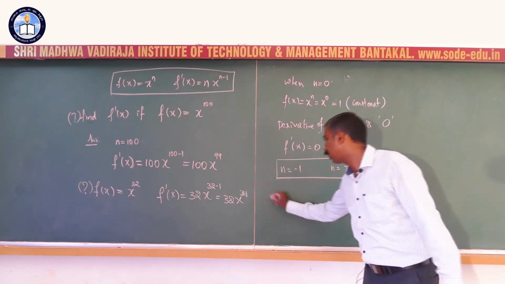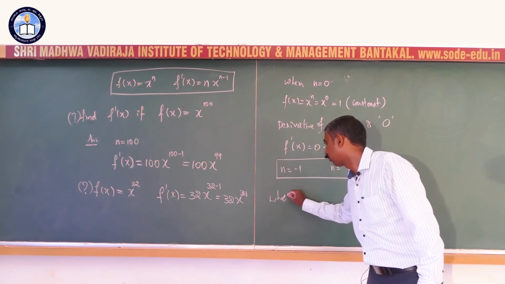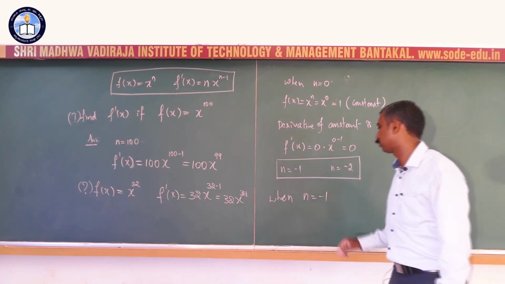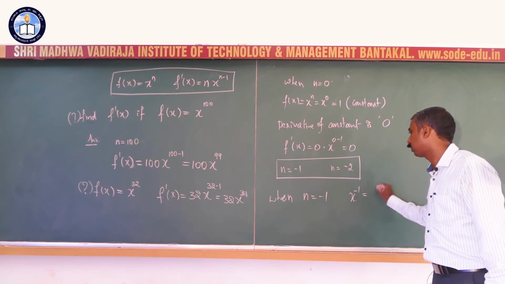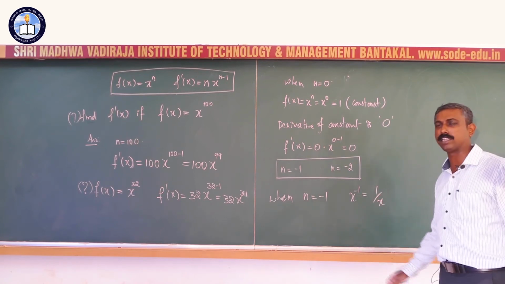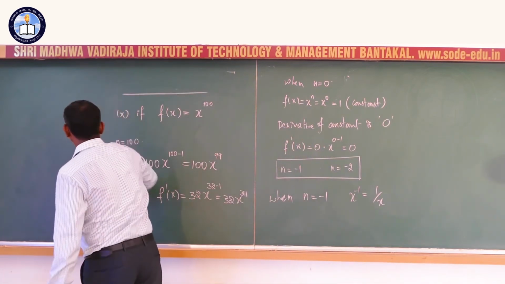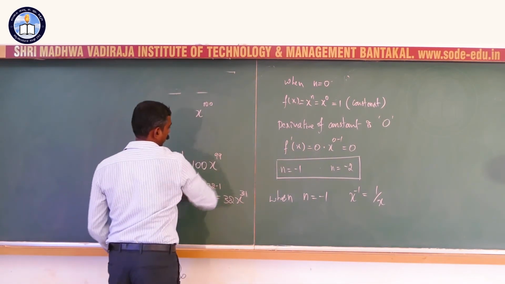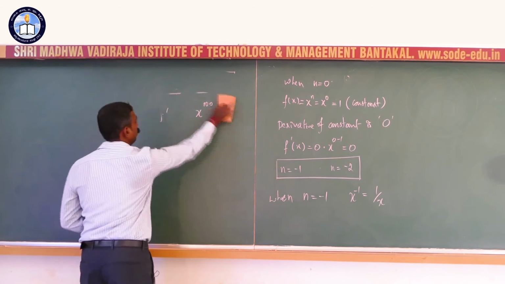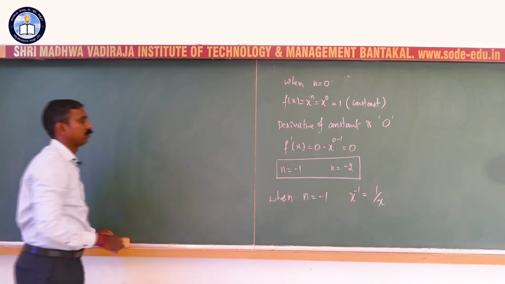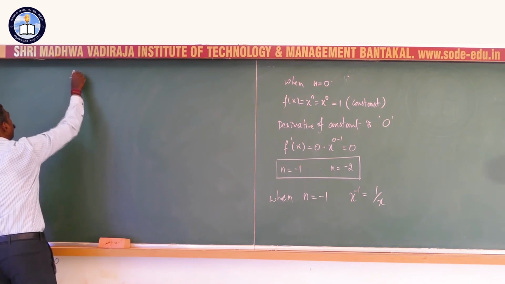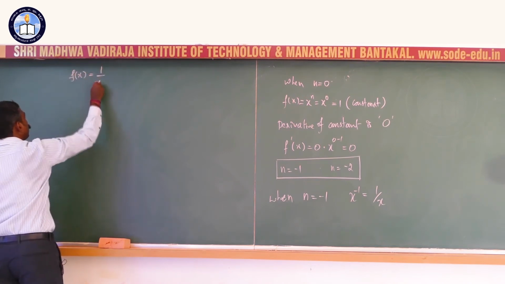So, when n equal to minus 1, x power minus 1 is nothing but 1 by x. So, let us compute the derivative of f of x is equal to 1 by x.